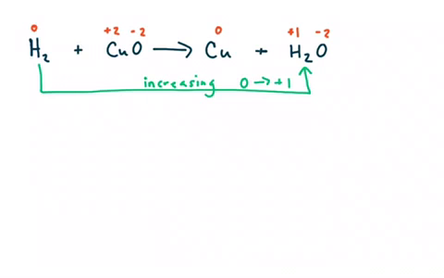But on the flip side, if we look at what's happening to copper, it's decreasing from +2 to 0. So since the oxidation number of hydrogen is increasing, that's going to be the process of oxidation. I'll just abbreviate it OX for now.